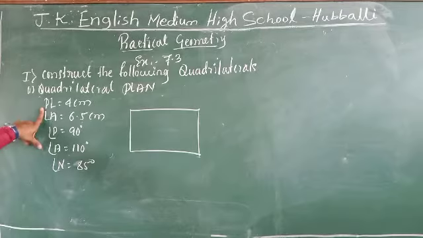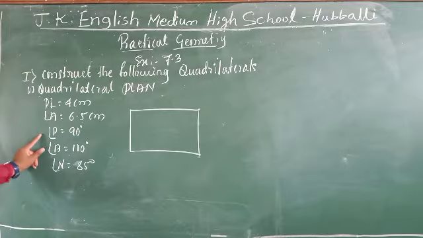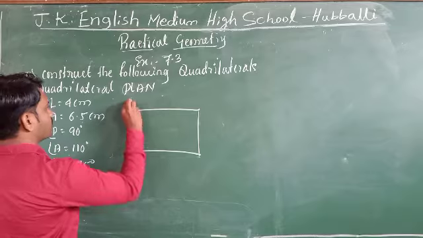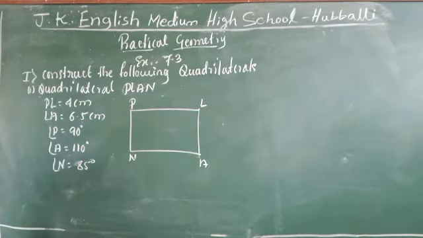Angle L is not given, but angle P is given. Angle P is 90 degree as well as angle A is 110 degree, angle N is 85 degree. So let us take it like this: P L A N.